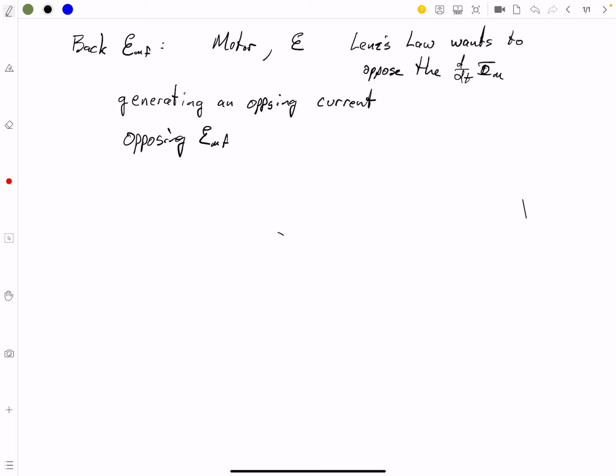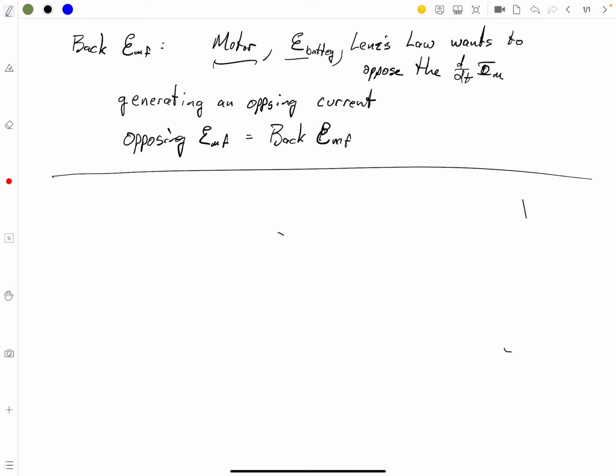That EMF is back EMF. So it happens with a motor. We've got a driving EMF or battery, and then Lenz's law wants to oppose that, and that leaves us with a back EMF. All right, so it only happens with the motor.